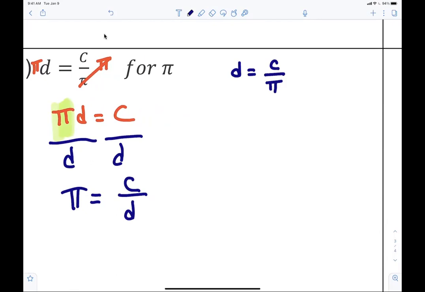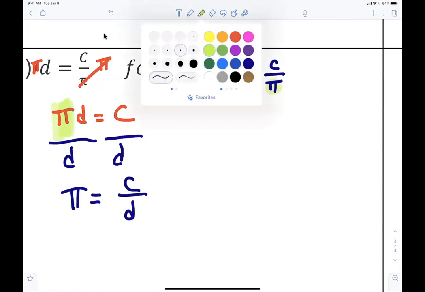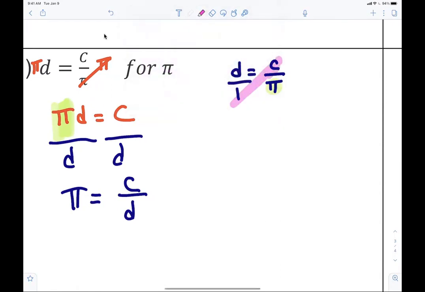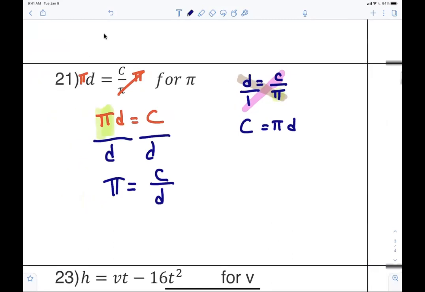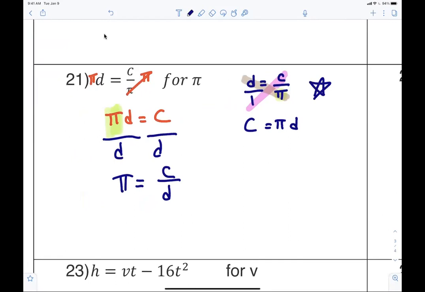Sometimes I tell kids whenever the variable's in the bottom, you could make it kind of like a proportion where we cross multiply. c times 1 is c, and then pi times d is pi d. You with me on that now? Because technically we can't have what we're solving for in the denominator. So the best way to do it is multiply. Yeah, that one's a hard one. So everybody should put a little star by that one and make sure you understand.